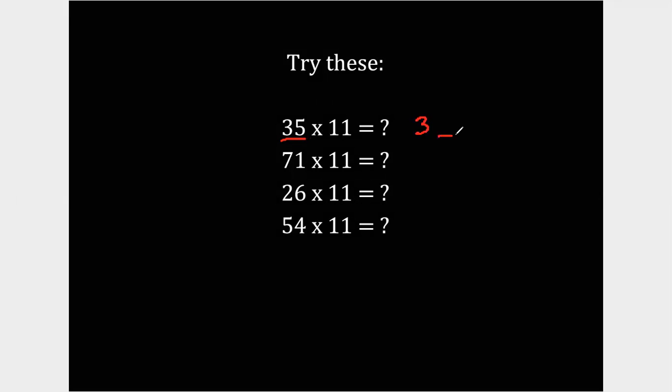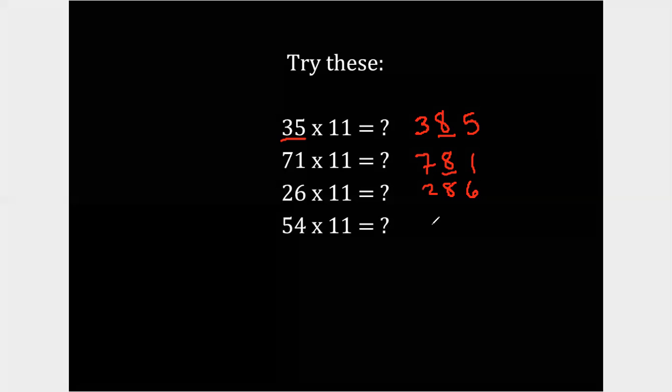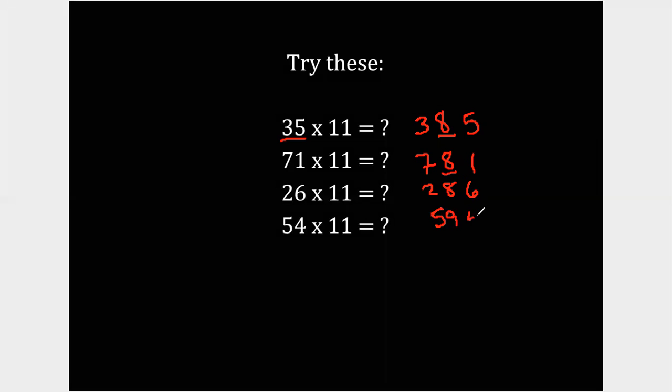We take 35, we split it up in the middle, and then we take the sum of those two digits, 3 plus 5 equals 8. So this is 385, 781, 286, 594. Okay? So this is pretty easy to do in your head.